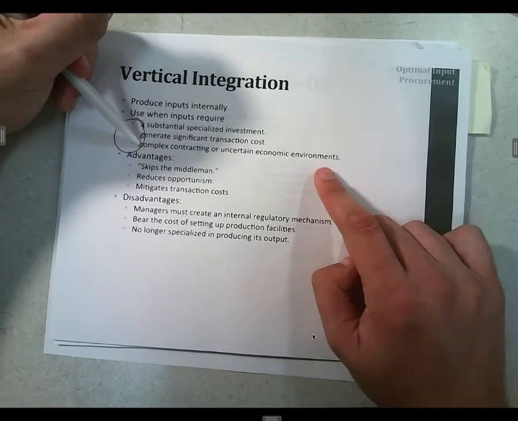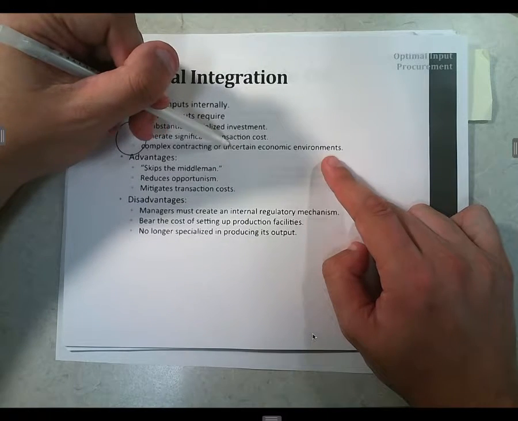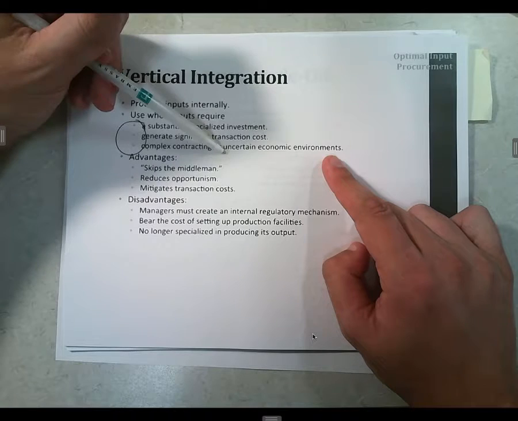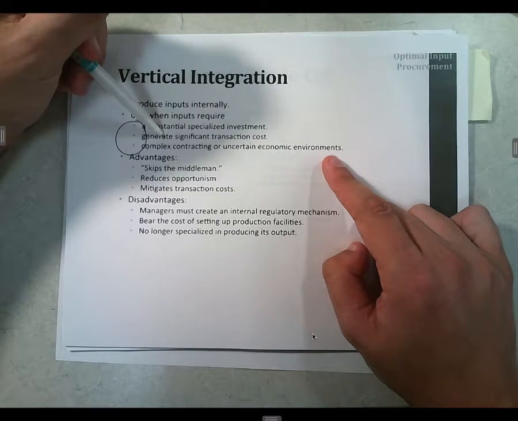This would be the reason why Delta did it, primarily because the contracts can be quite complex, and the way in which oil prices change can be quite uncertain. There's obvious advantages to doing things this way. And I should have said too, there are significant transaction costs because you essentially own another business then.